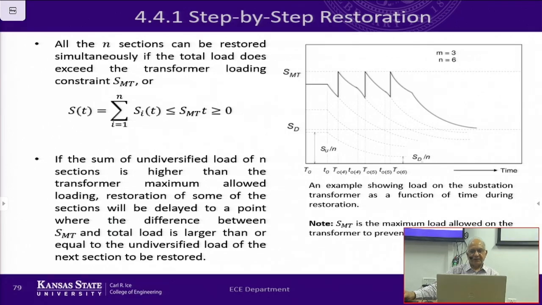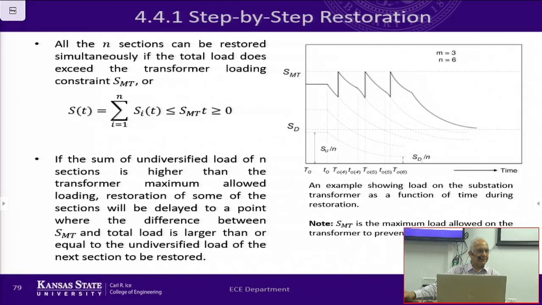So in this particular example, we are showing a 9-section problem. So 6 are restored in the beginning and 3 are restored later, as an example. The 6 that you selected had a load which is less than SMT. If you had added one more, then it would have exceeded SMT.